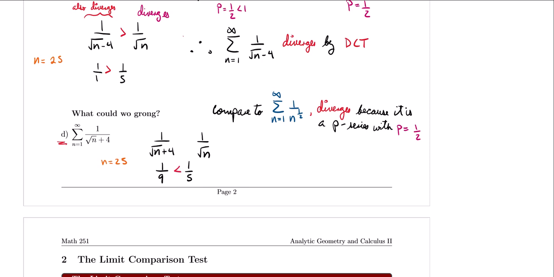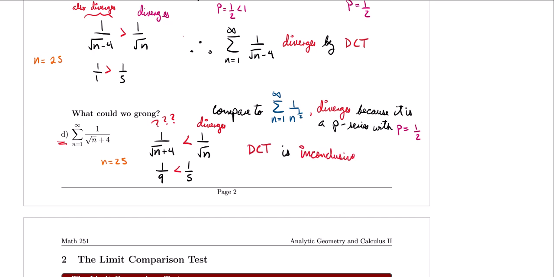Well, now the 1/5 is greater, so we are in a little bit of trouble here, because now we know that the larger is diverging, but the direct comparison test doesn't really help us here. It helps us if the smaller one is diverging, but if the larger one is diverging, yeah, we have no idea what's happening with the smaller one. Could be diverging, could be converging, who knows? So for this scenario, the test is inconclusive.